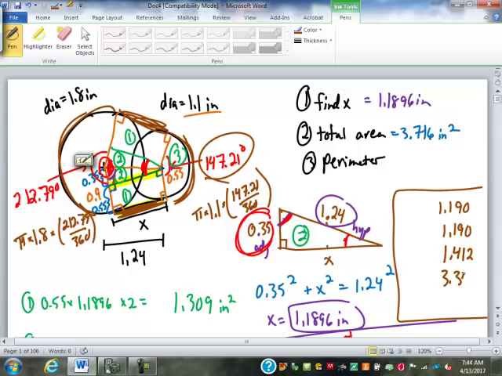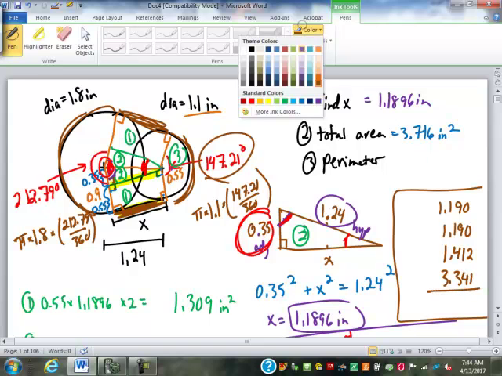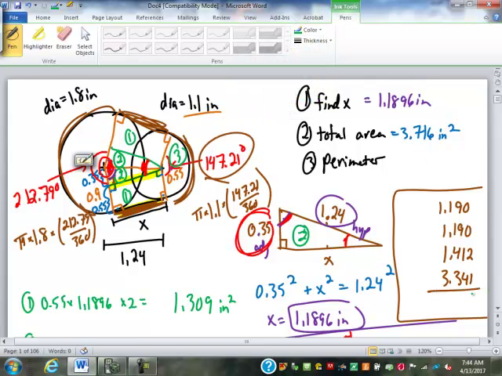So 3.341. So that all adds up to give us 7.133 inches is the perimeter.